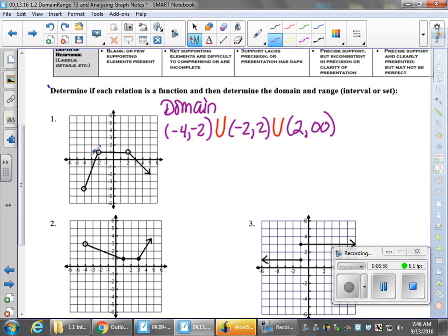So what this hole right here is represented algebraically. This means exclude -2. That's what that means. It means that I have a hole at -2. Right here, exclude 2.